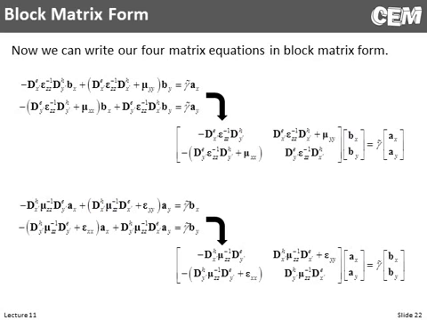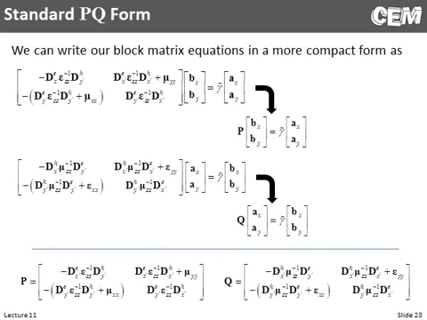So these two sets of two equations we can now write in block matrix form. So these two equations become this block matrix equation. And these two equations become the last block matrix equation. And we're almost to this PQ form. So here is our good old PQ form.